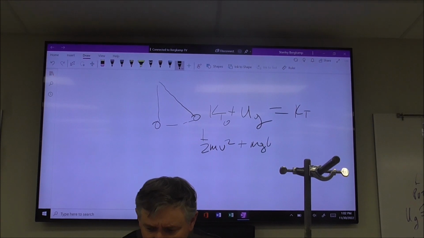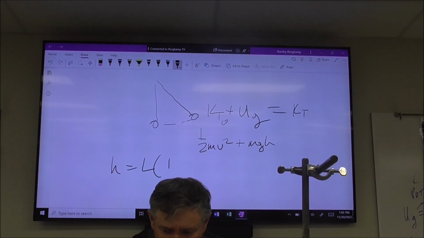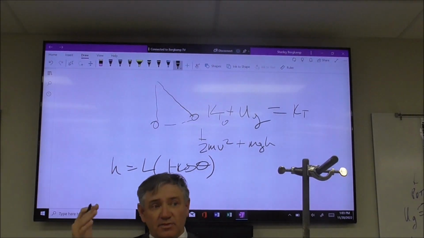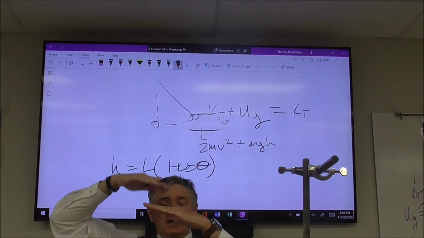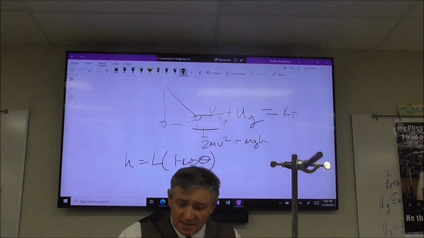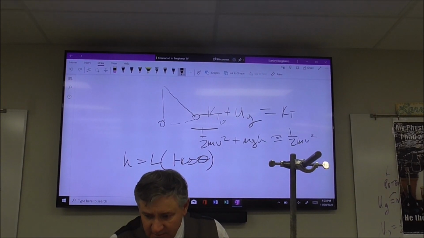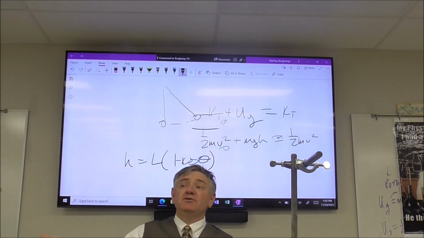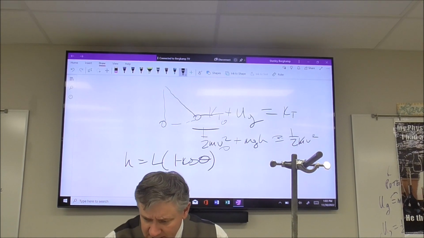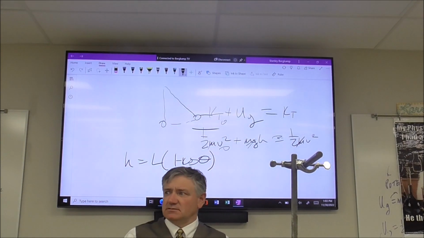So that's going to be 1/2 mv squared. Now, the mgh part. The h part is where you have to use that height equals L times 1 minus cosine theta. You've got to use that to figure out how high above that equilibrium point the bob is located. Then that's going to equal some final kinetic energy of 1/2 mv squared. If you start with this approach, I can cancel out all the masses because they're the same on both sides.